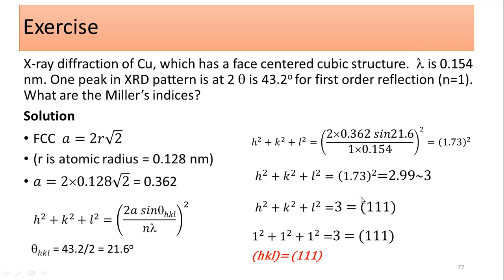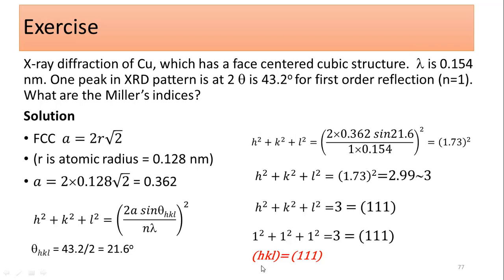So this is the way, with the final values, you can suggest what is the hkl plane, because this is the whole number which the data will give you, and by using this value you can explain what would be the possible plane.